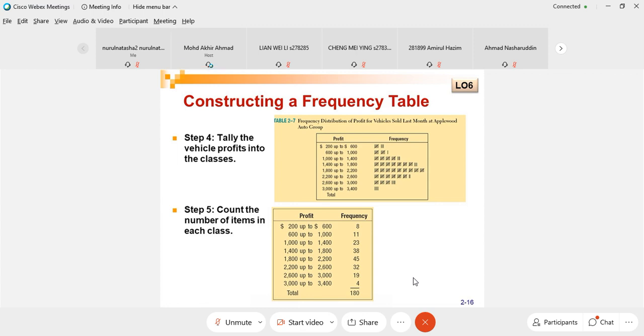So we see the profit within 200 to 600, we have 8 frequencies. 600 to 1000, we have 11 frequencies. 1000 to 1400, we have 23 frequencies.